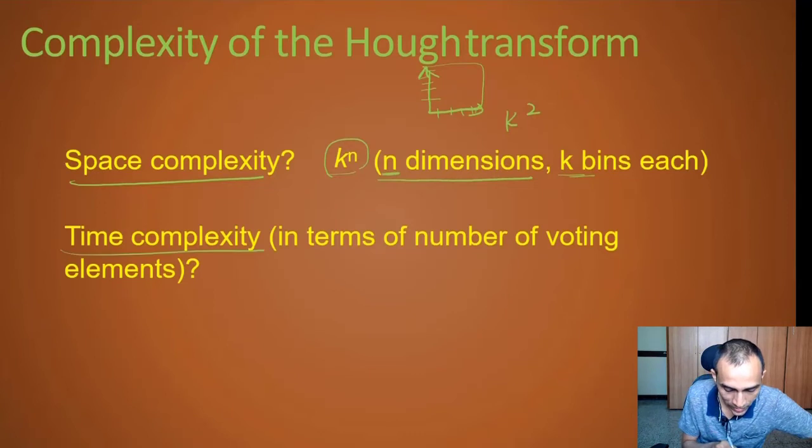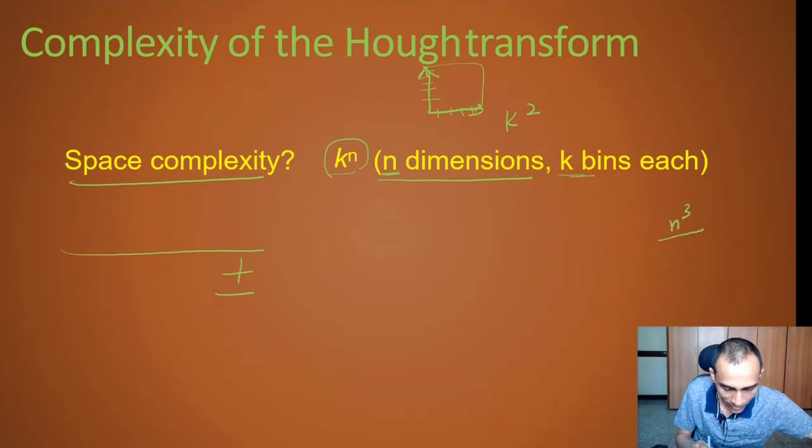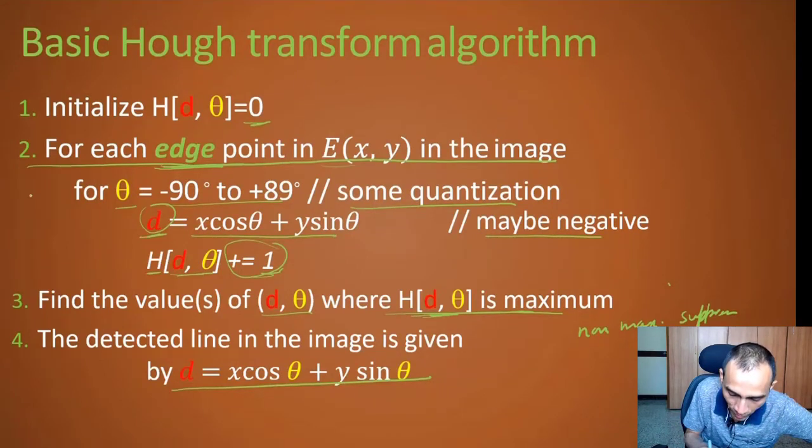But the time complexity is a big plus here. Earlier, for example, in the case of the straight line equation, if you do a brute force approach, our time complexity would be order of n cube, where n is the number of points. But here, we only have to run a loop for each edge point, so it is directly proportional to the number of edge points, which is order of n.